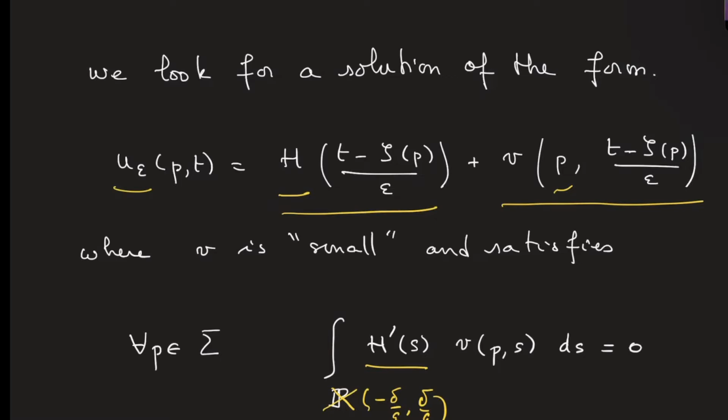Okay. So you have this orthogonality condition you have to impose on the function v, and then basically you plug this into the equation and you try to find the function zeta and the function v such that you can find a solution of the Allen-Cahn equation, so critical points of the functional, and this is exactly how it works.